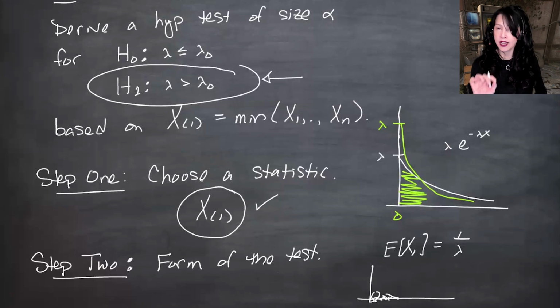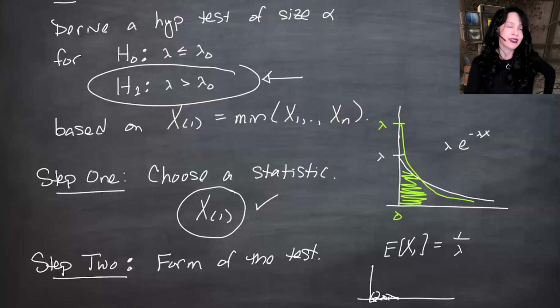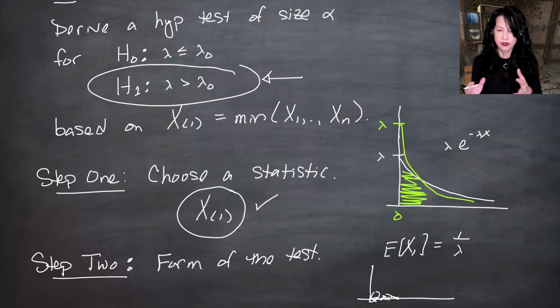The mean, the X bar, is going to be smaller. An individual X is going to tend to be smaller. The maximum X in your sample is going to tend to be smaller, and the minimum is going to tend to be smaller. So all these kinds of things, not every possible statistic, but these kinds of things which give you a sense of location of things.